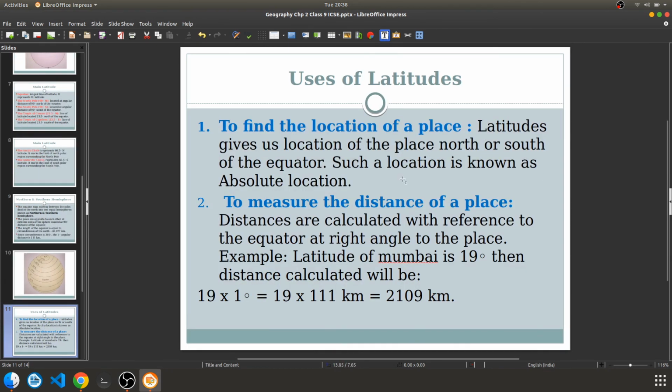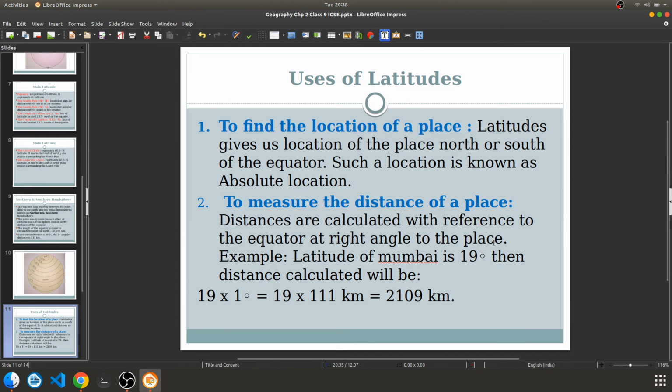Now, locations. If you have to find out that Mumbai is 19 degrees north of the equator, then how much is that? Now see, this grid will be showing us in degrees only, not in kilometers. So we have to find out in kilometers.